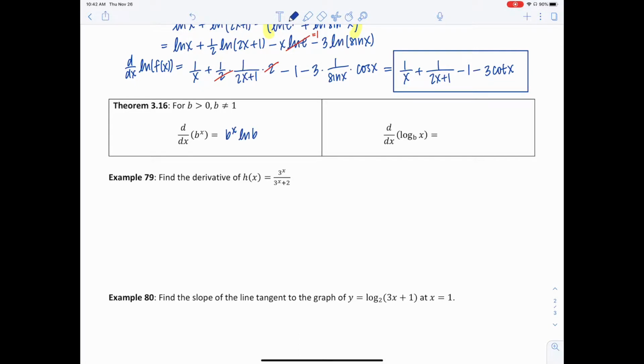And similarly, the derivative of log base b of x is 1 over x, just like ln of x's derivative. But here we will also have an ln of b multiplied on the bottom. Let's write that again.